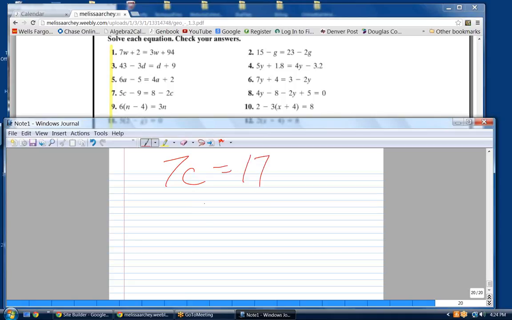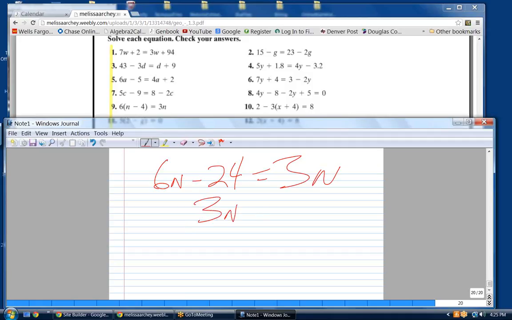Number 9. What's the next line? Let me distribute that. 6N. Yeah, and that's fine to take 2 steps on this. That's the next line. Now what's the next line after that? So then it's 3N equals 24.